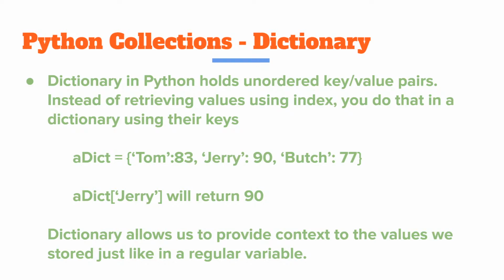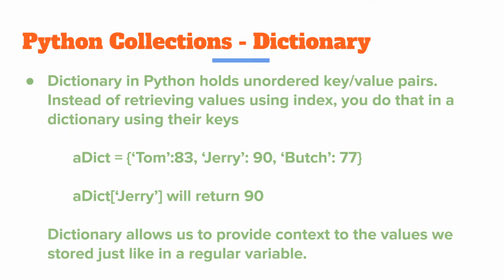So instead of retrieving each value using indexes, it will use a key. Over here, we can see that the key is Tom and the value is 83. So if we were to call the dict with Jerry, then it will return 90 because that is the value. So the dictionary allows us to provide more context rather than just an index to a value.